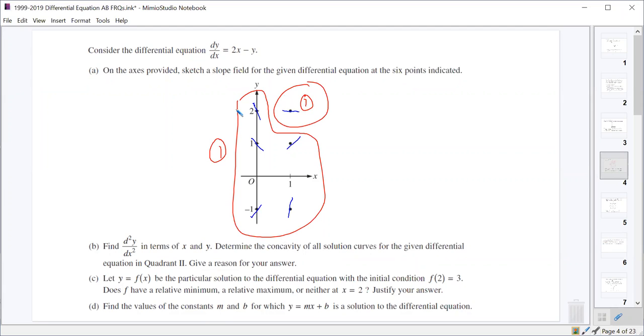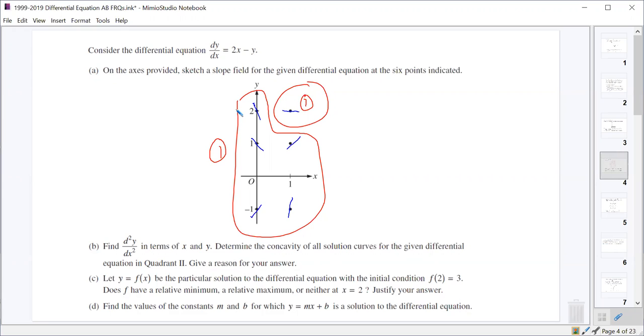Any questions there on part A? Are they going to be super nitpicky about your slopes, since we don't have to show the numerical value? Are they going to be nitpicky about, oh, that doesn't look like 3, that looks like 2? Or are they just going to give it to you if it's anything close? If it's pretty close, you're fine. If it's 0, it should look like 0. If it's undefined, it should look vertical.